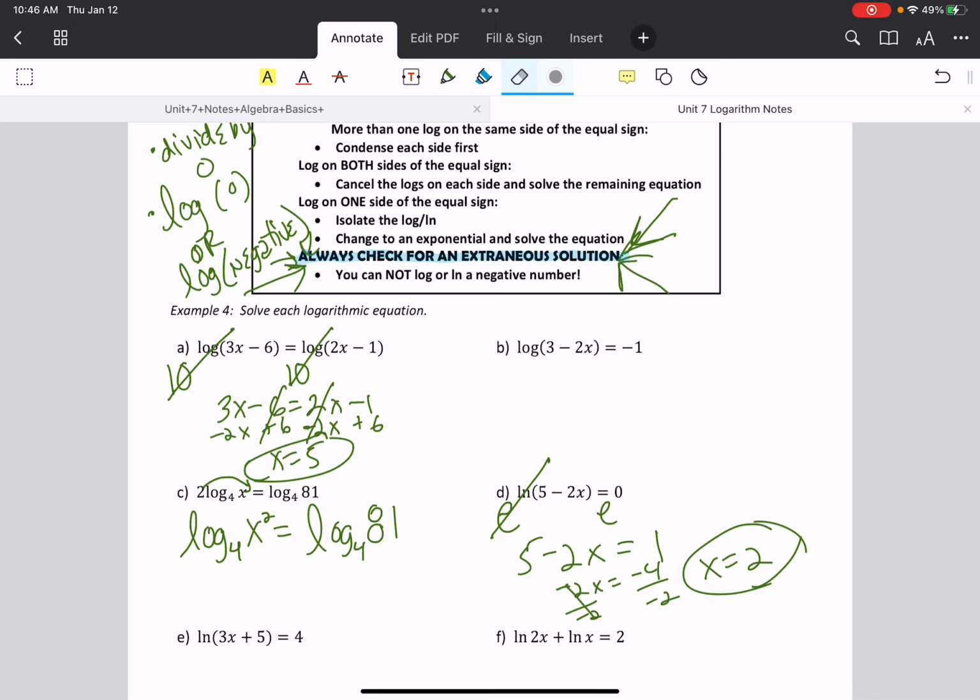No. The reason you don't have to break the 81 up, Caden, that's a good question, is because I'm not trying to figure out log base 4 of 81. I'm trying to get rid of the log. So now I'm going to raise both sides to an exponent of 4 so that those cancel, and I'm left with x squared equals 81.